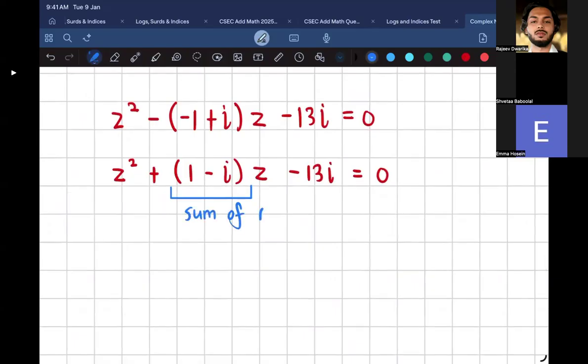Don't we already know what one of the roots is? What's one of the roots? 2 plus 3i. I think you can see what I'm going to do. So 2 plus 3i plus z is going to be equal to 1 minus i.